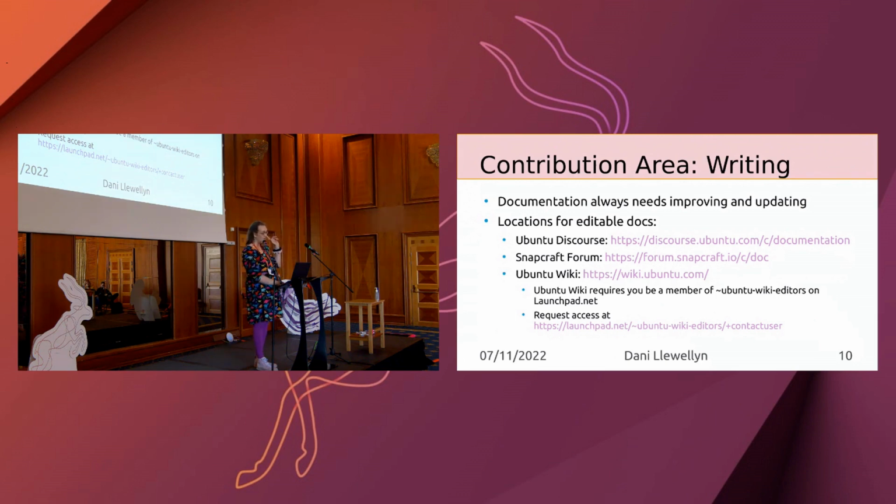There's a direct link to the topic tag on the slide. There's also the Snapcraft forum. It runs the same software as the Discourse. So again, anything that is published in the docs category should be marked as a wiki, so anyone with an account can edit them. And then there's the Ubuntu wiki. This is old and legacy, and it's quite difficult to use because it's slow.